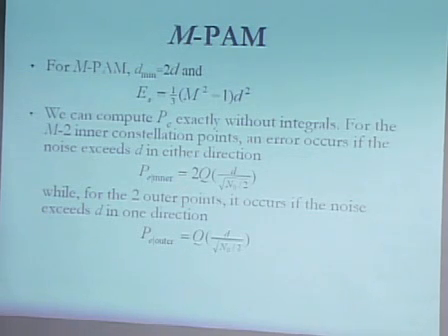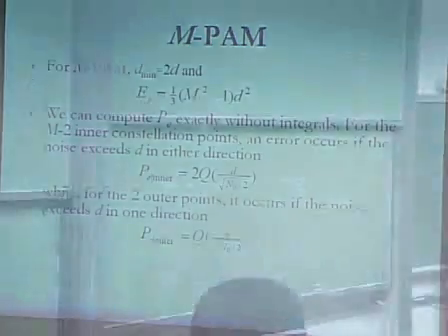So we have these points on a line. I'm just going to draw 4 points, but it can be any even number of points.